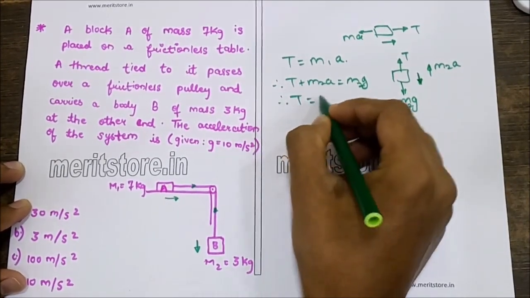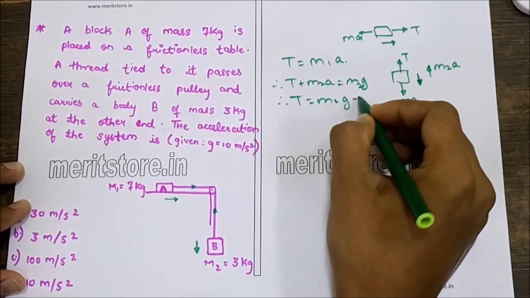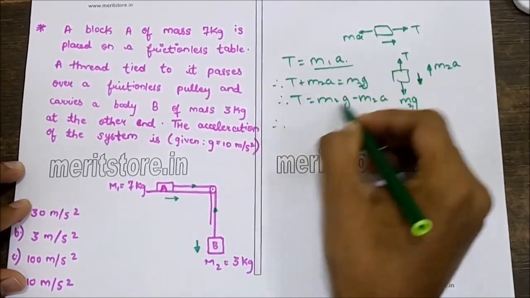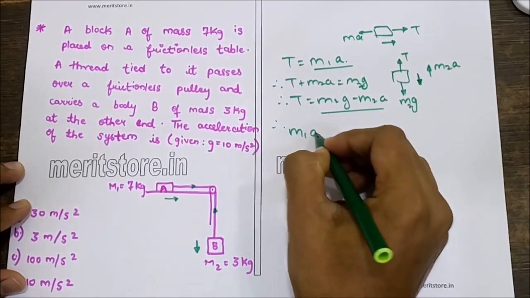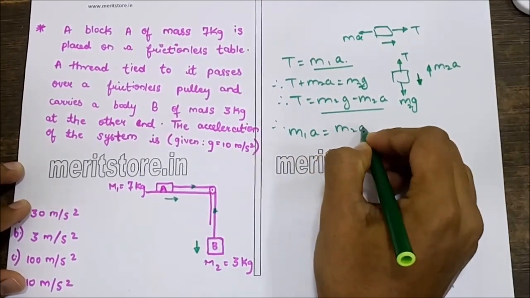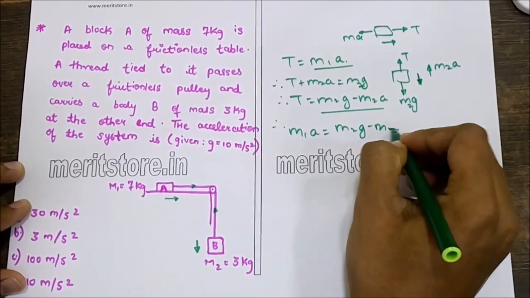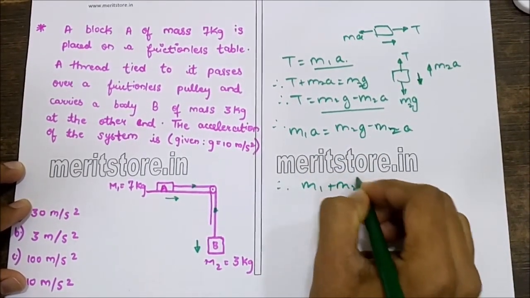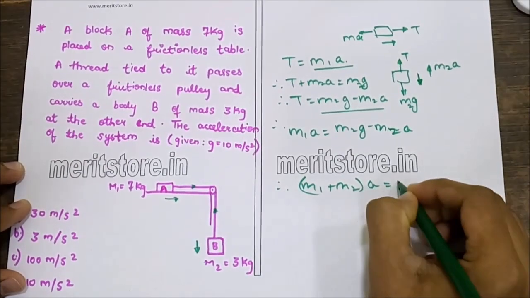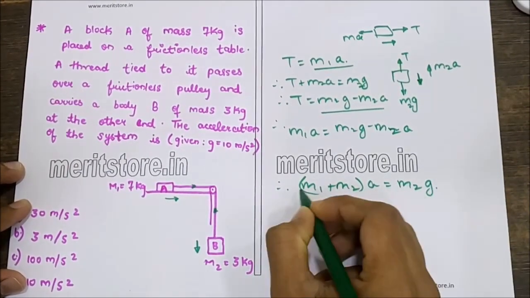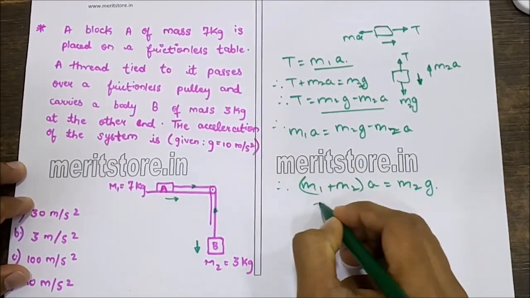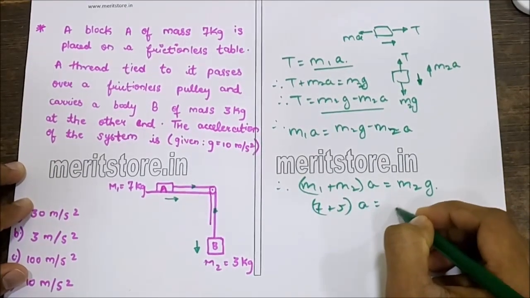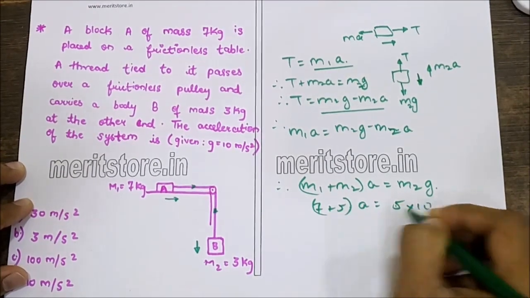Therefore, T is equal to m2 g minus m2 a. Equating these two equations, m1 a is equal to m2 g minus m2 a. Therefore, m1 plus m2 times a is equal to m2 times g.